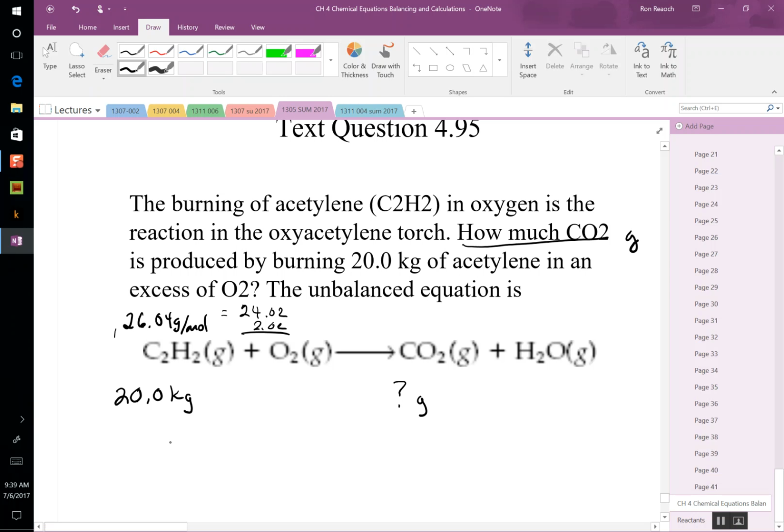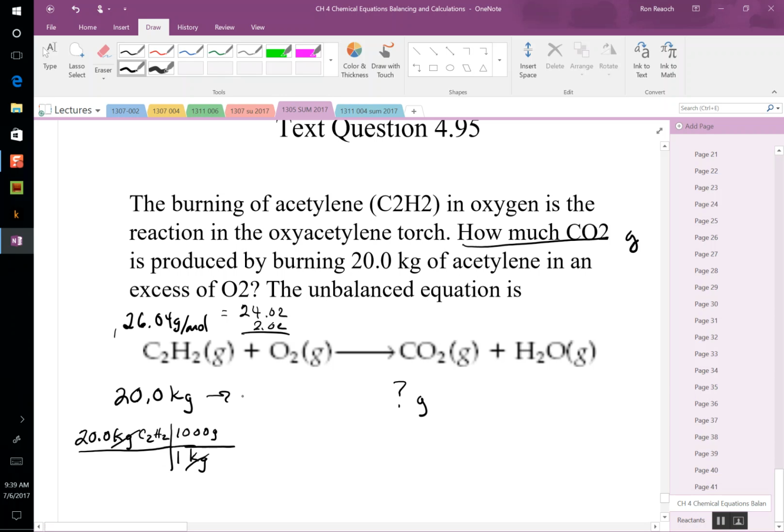So I think the best thing here would be to convert this into grams. So that would be the first thing you would do. There's 1,000 grams per kilogram. Because you want to convert your acetylene into moles.